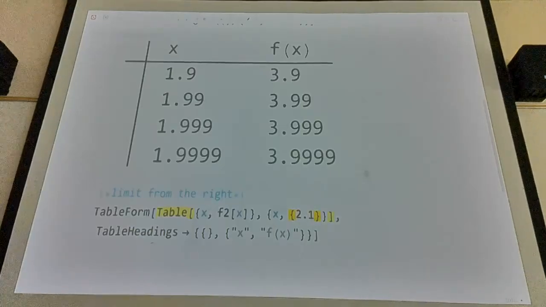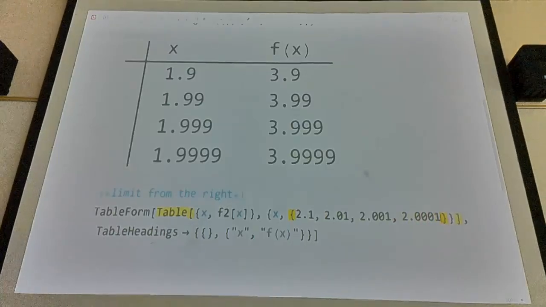Closer. There is actually no rule on how to pick your values. As long as you pick values close to 2, but larger than it, and you get enough to give you an idea of what the function is doing, that's fine.